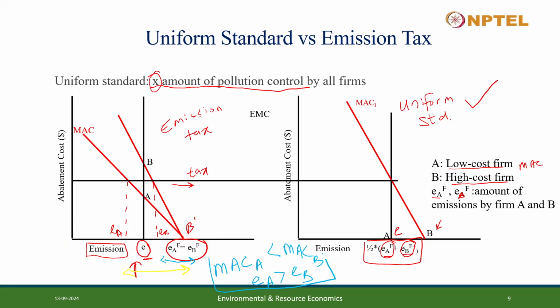So in the taxation system, we can say that the firms choose to abate based on their marginal abatement cost curve.